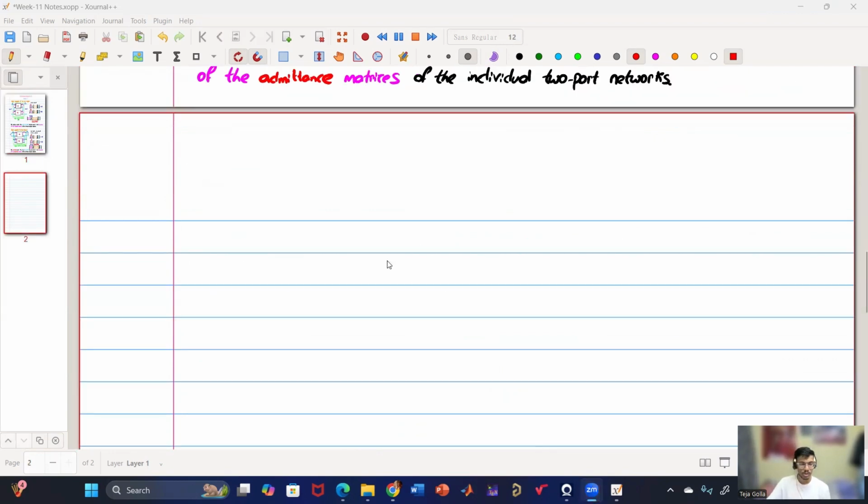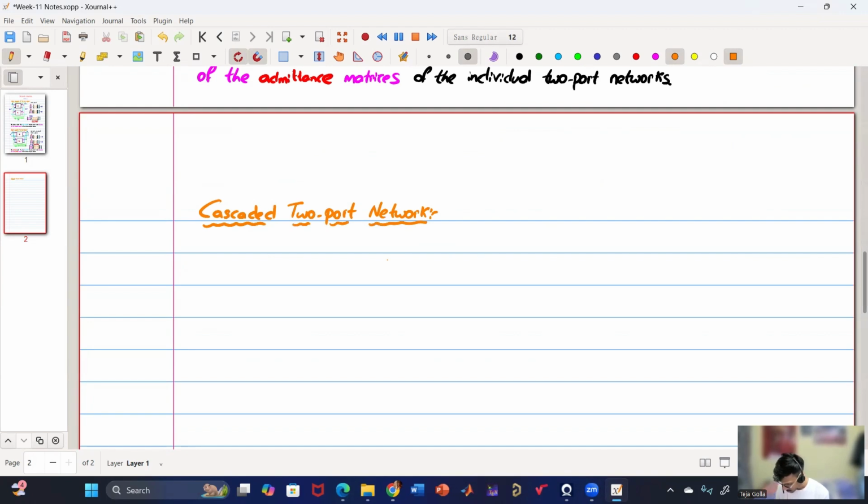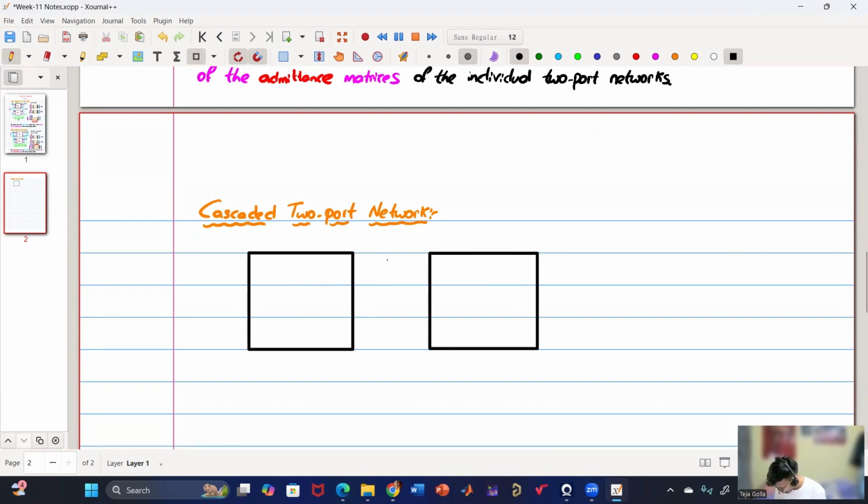Okay, now we are going to the cascaded two-port network. We have two-port networks basically cascaded.